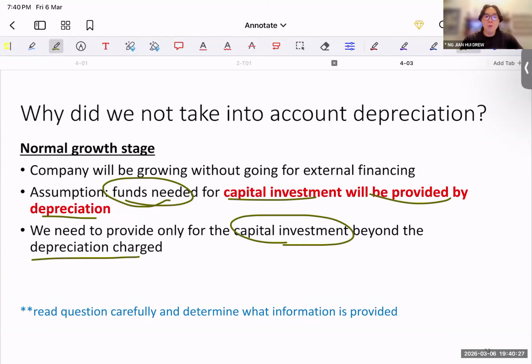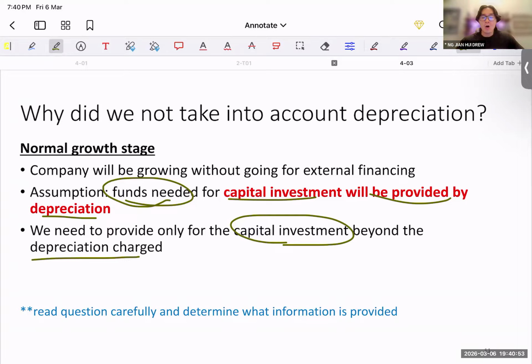Why are we trying to understand this? Because sometimes the question can be quite tricky. They explain to you, this is a normal growth, it's not looking for external financing. What does this mean? It means that in terms of capital investment, we only need to provide beyond the depreciation charge for that period.